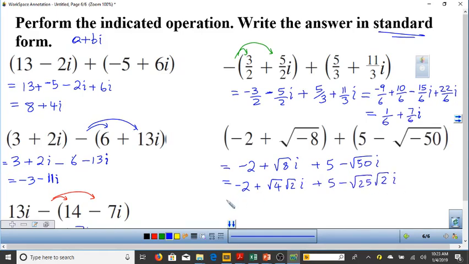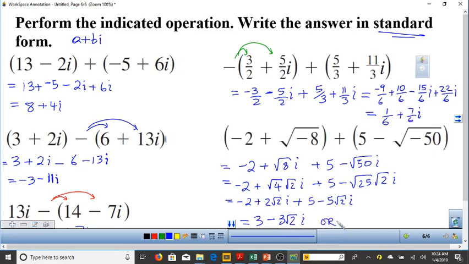And then that means I have negative 2 plus 2 square root 2 times i plus 5 minus 5 square root 2 times i. So negative 2 plus 5 is 3. 2 square root 2 plus minus 5 square root 2 is negative 3 square root 2, and of course i.